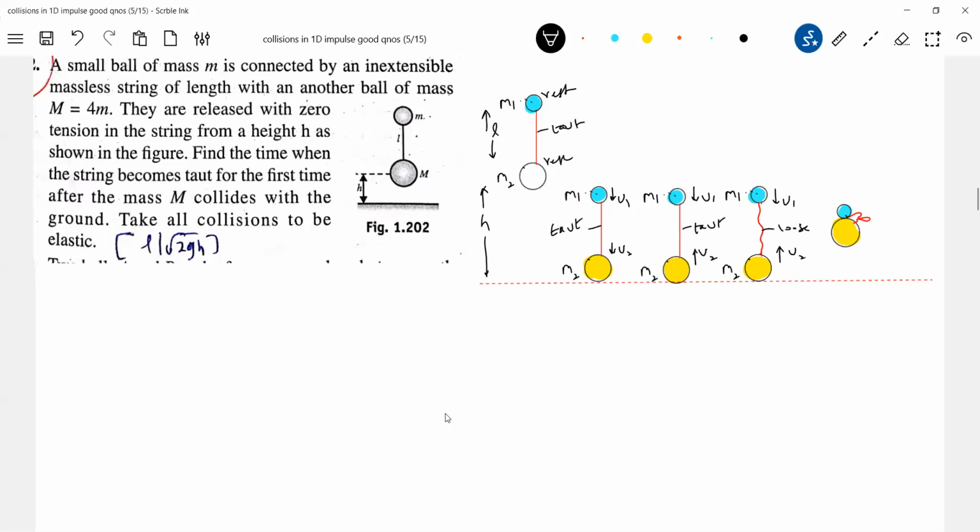They'll exchange their velocities and start moving up here. It's asking, find the time when the string becomes taut for the first time after the mass M collides with the ground. From here is what the question is asking.